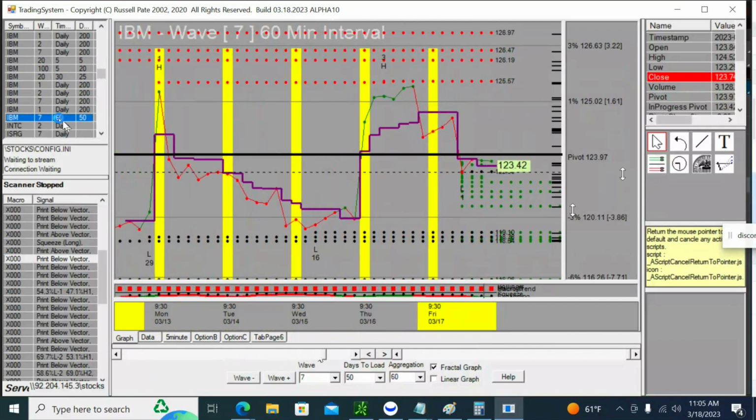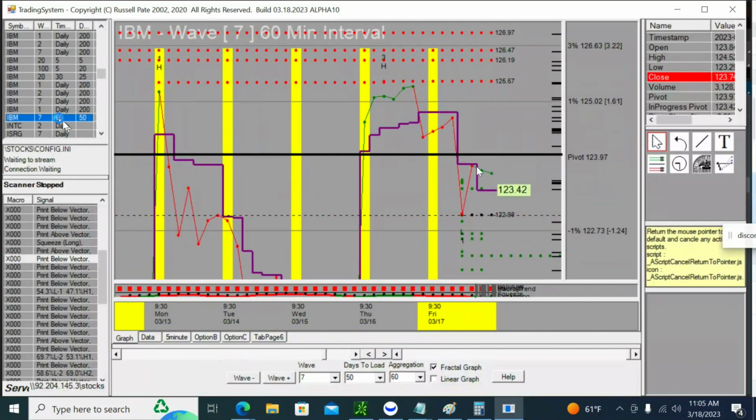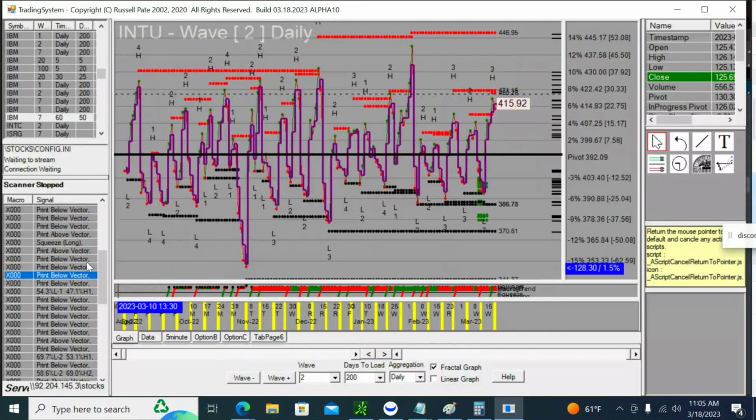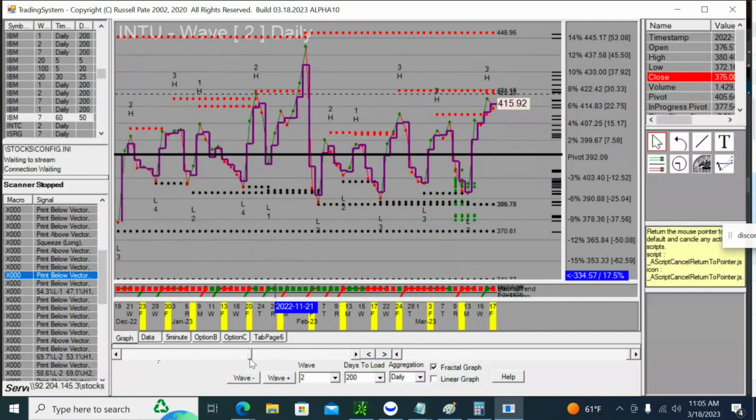All right, so IBM here it's showing positive. Again, it's just for stuff I'll look at. Like here's Intuit. So it started to go short on the daily.